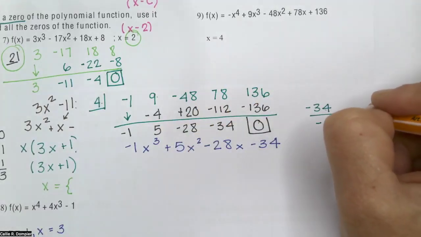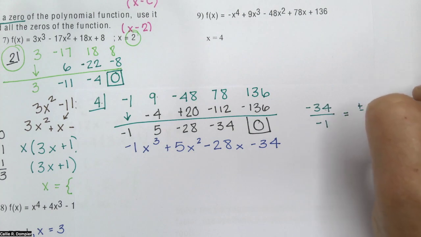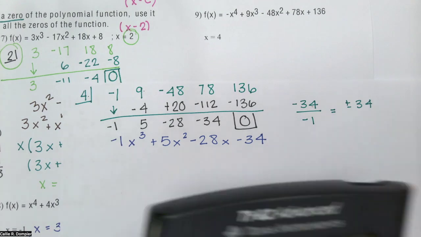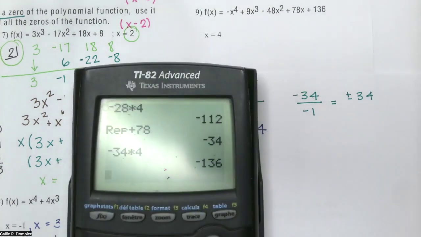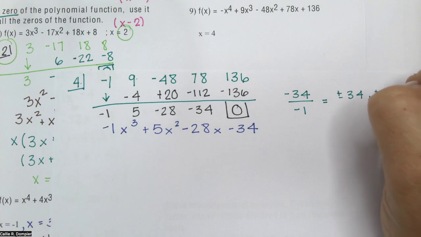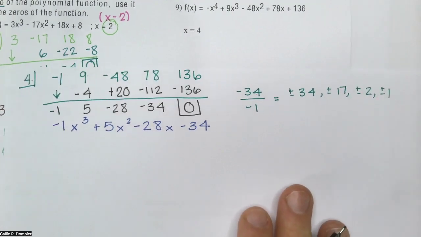So the factors of -34 are plus or minus 34. I guess I should have gone in ascending order instead of descending. So 34 divided by 2 is 17. Plus or minus 17, plus or minus 2, plus or minus 1. Good.